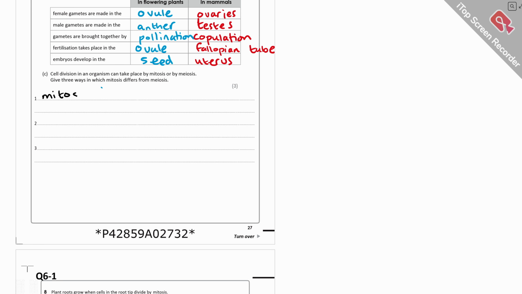Mitosis is for repair and growth, new body cells. Mitosis has no genetic variation.